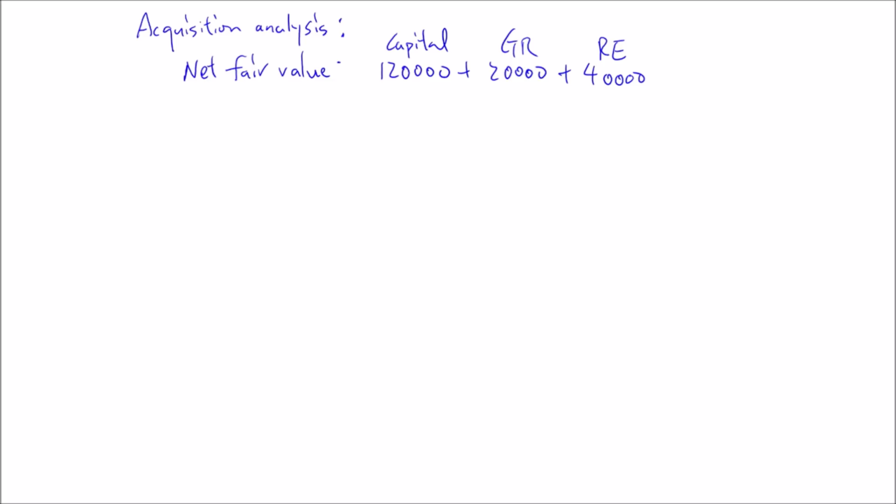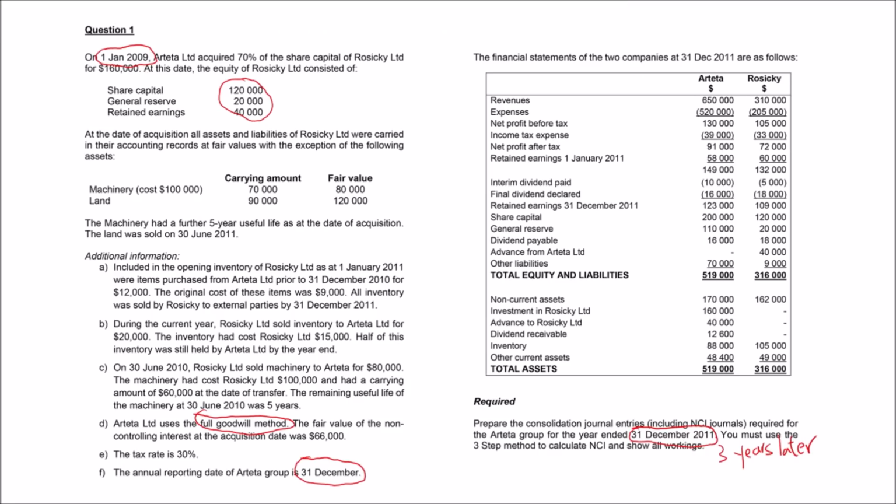After that, we need to write down the fair value adjustment of assets and liabilities. Going back to the question, you can see that in this one we have machinery as well as land. So we need to adjust the carrying amount to the fair value, which in this case you can see that for machinery we have a 10,000 increase, while for land we have a 30,000 increase.